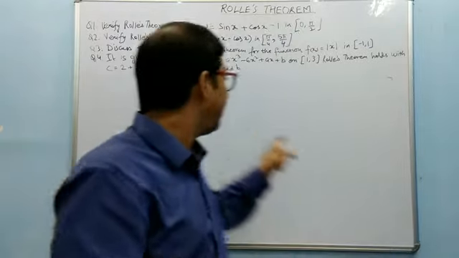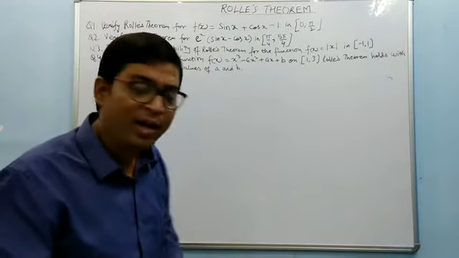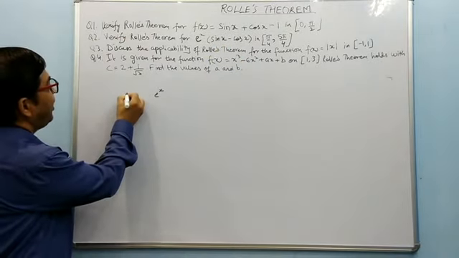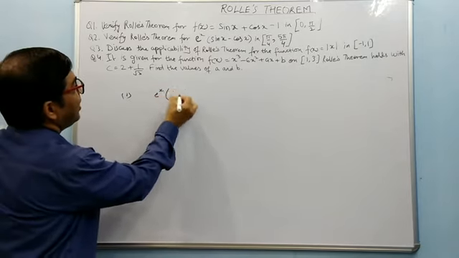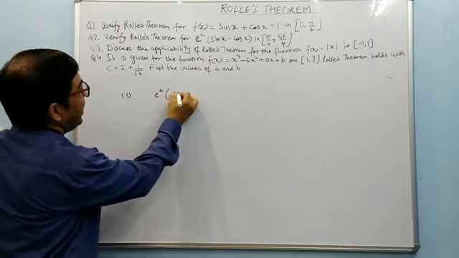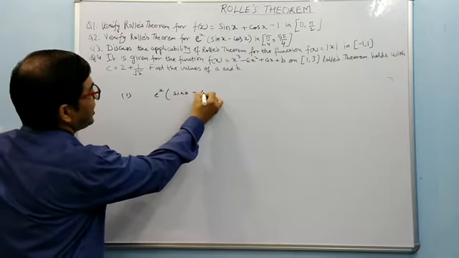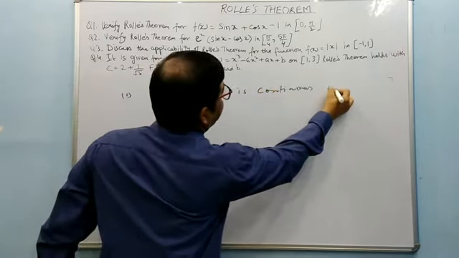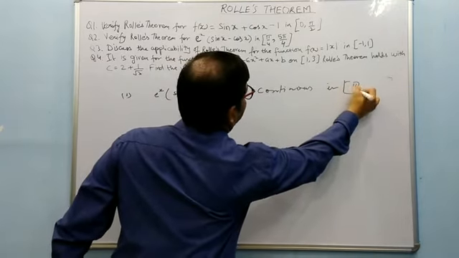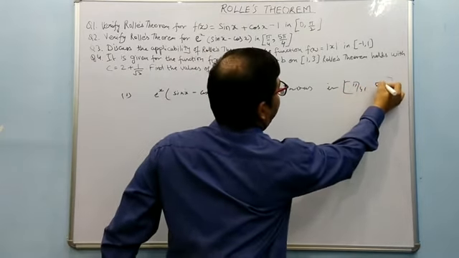So it is continuous in the given interval. You need to just write it is continuous in the given interval, that is e to the power x (sin x minus cos x) is continuous in the given interval pi by 4 to 5 pi by 4.